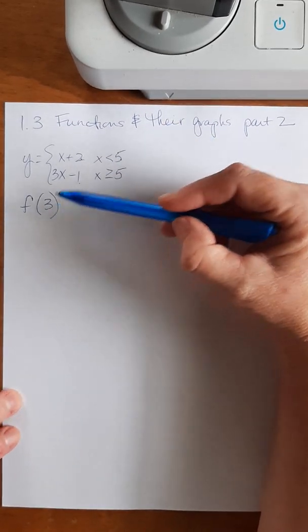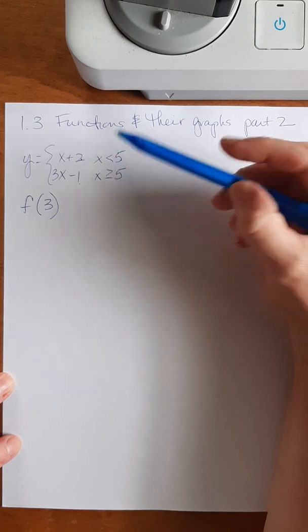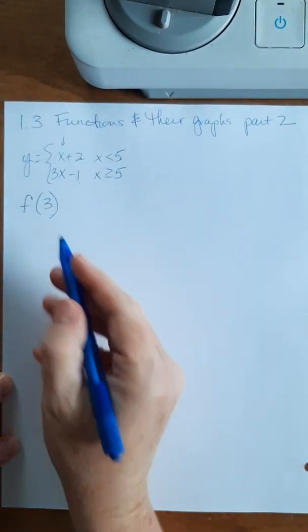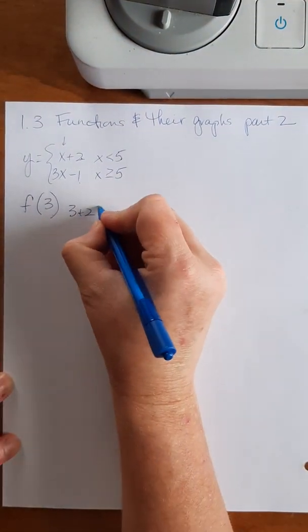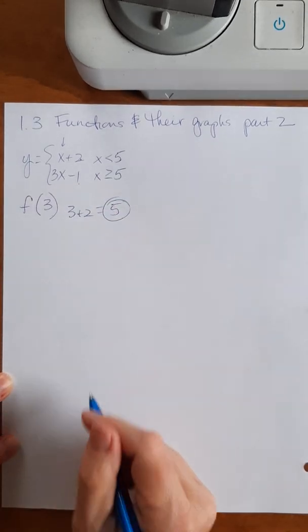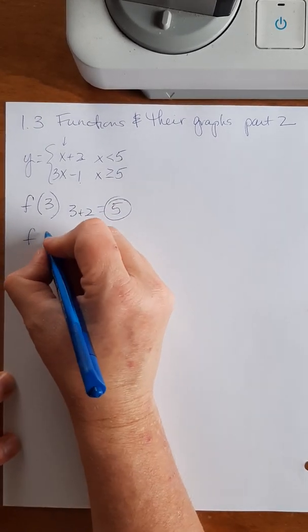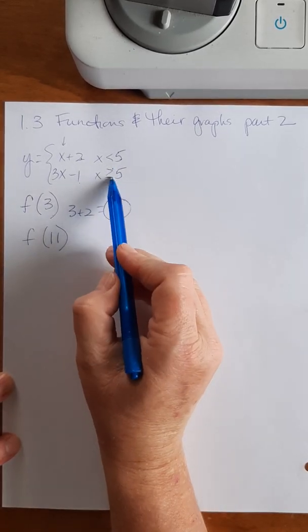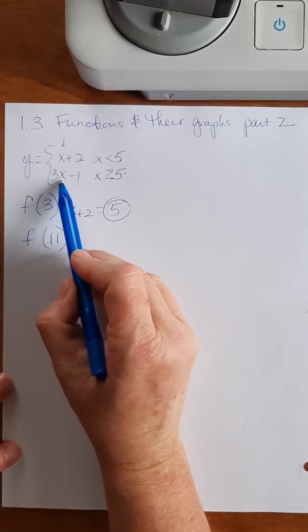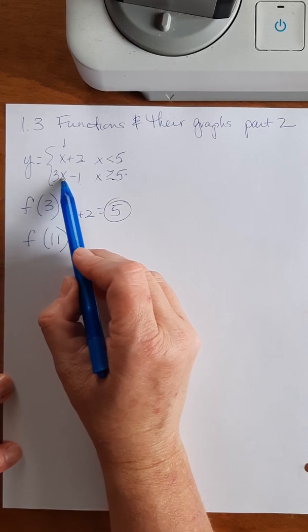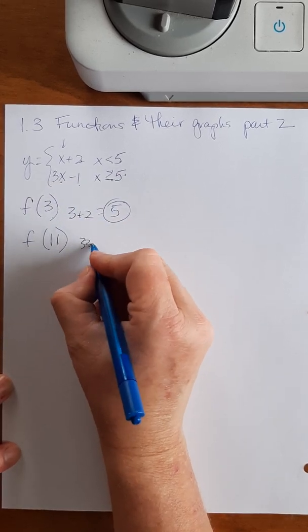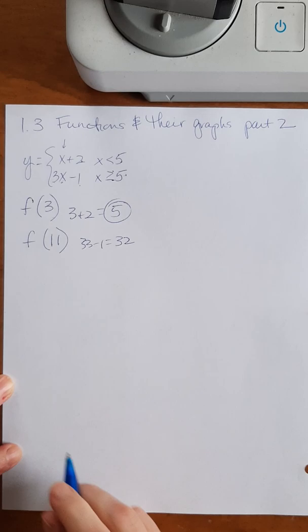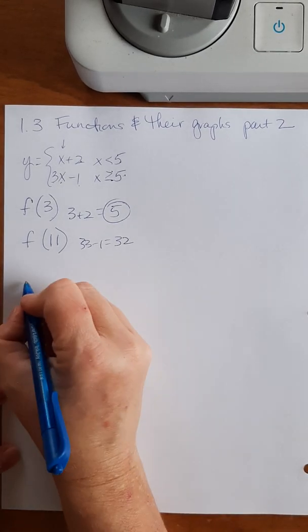So if I want to find f of 3, since it's less than 5, you just plug it in. So 3 plus 2, 5. Let's say I said f of 11. 11 is greater than or equal to 5, so I'm going to plug in 11. 33 minus 1, 32. Sure, they can get a little weird.